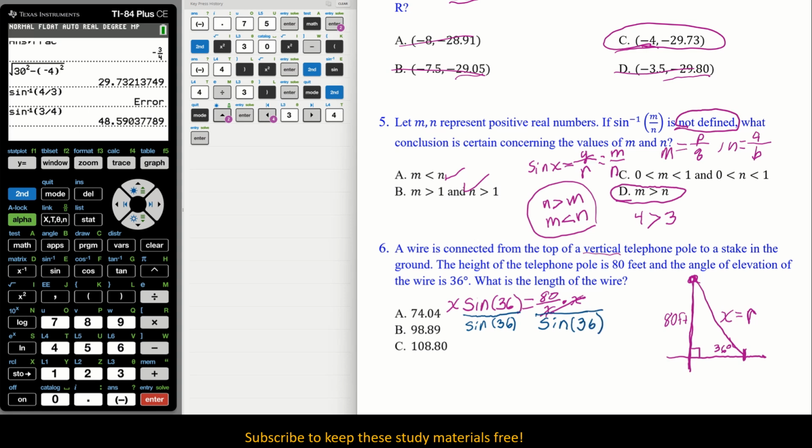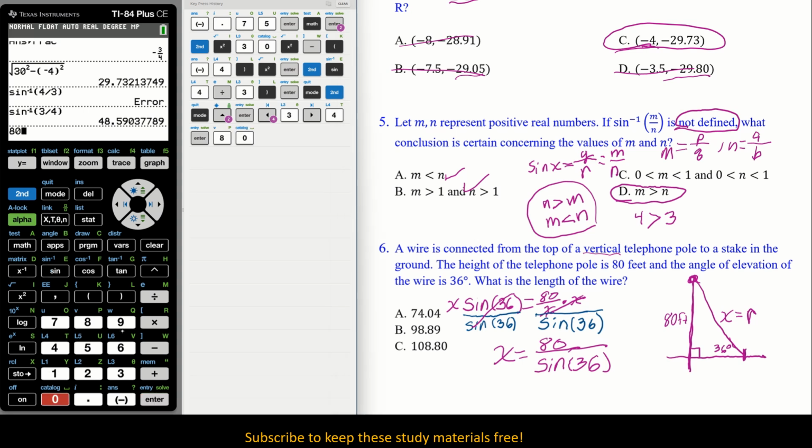Now, what do we really have here? Well, this goes away. This gives us x. And in the calculator, we need to put 80 over sine 36.